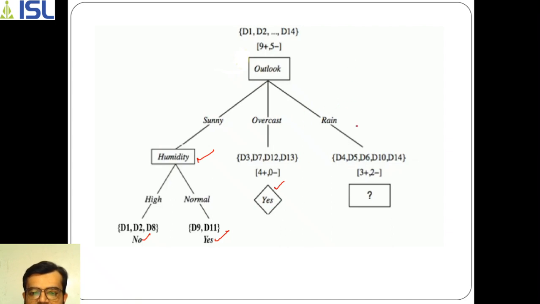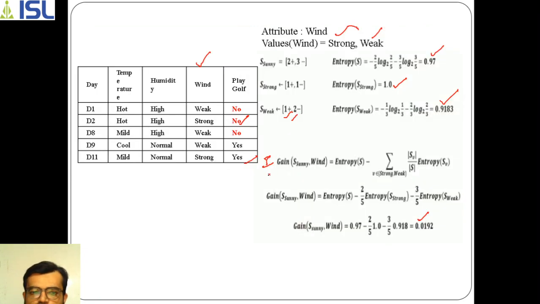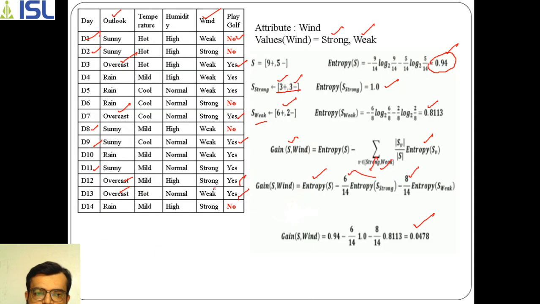But now we need to go for rain. For rain, what we have to take is wherever rain occurs: D4, D5, D6, D10, D14. If you observe the main example, in D4, D5, D6, D10 and D14, rain is available.